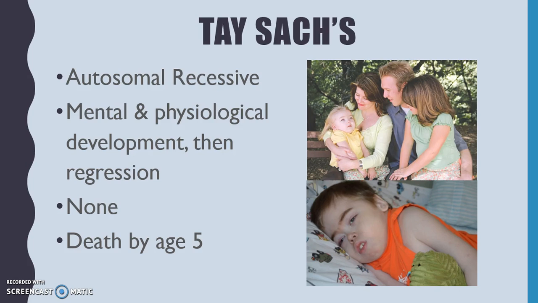And so it will continue to regress until your brain loses control of being able to regulate your vital organs. And on average, a person who is diagnosed with Tay-Sachs will die around the age of 5. And there's absolutely no way to stop this or treat this. And this is a disease that is most frequent in Jewish populations.